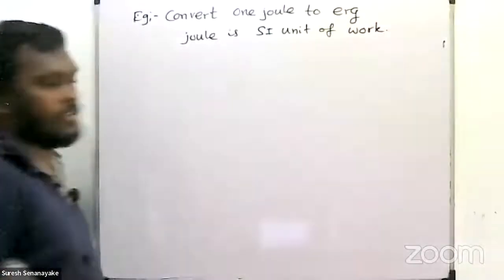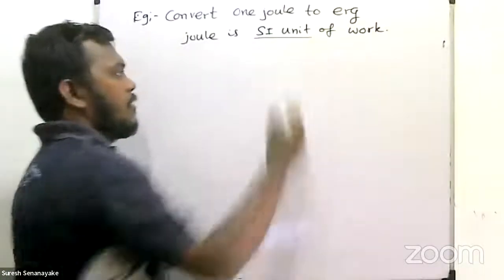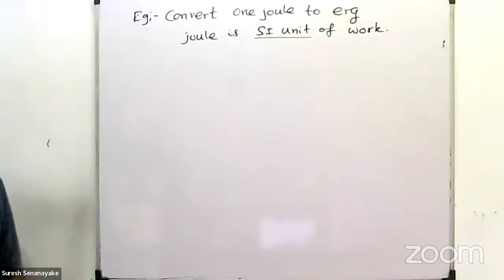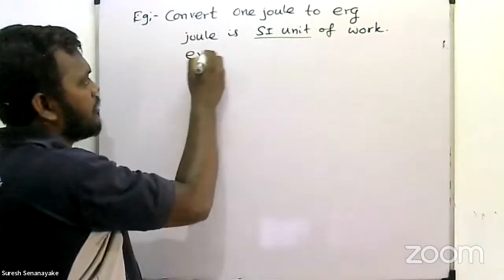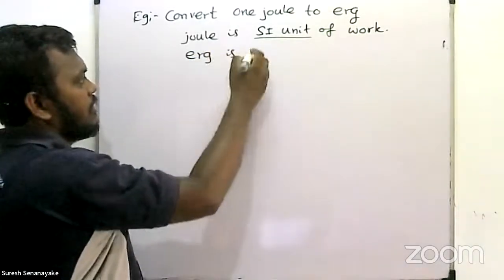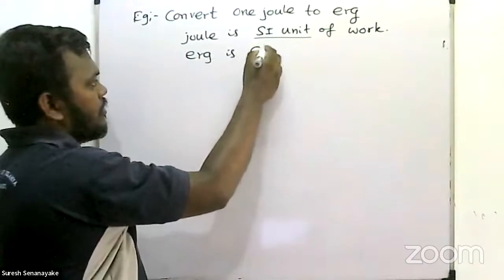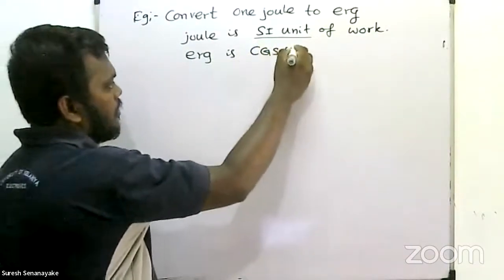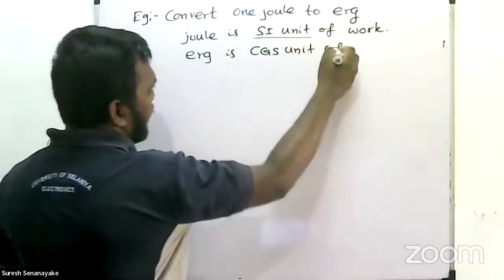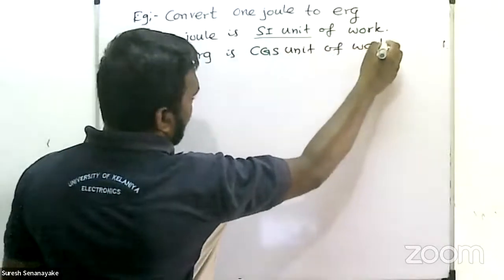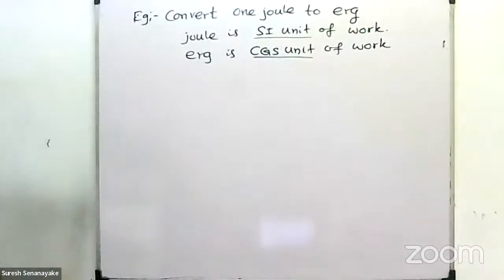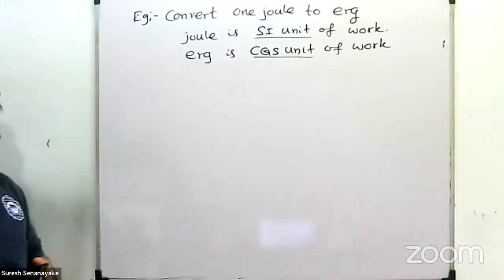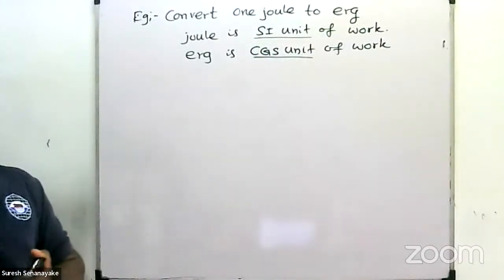And erg is the CGS unit. Now we are going to get the relation: how many ergs in a joule, or how many joules in an erg?